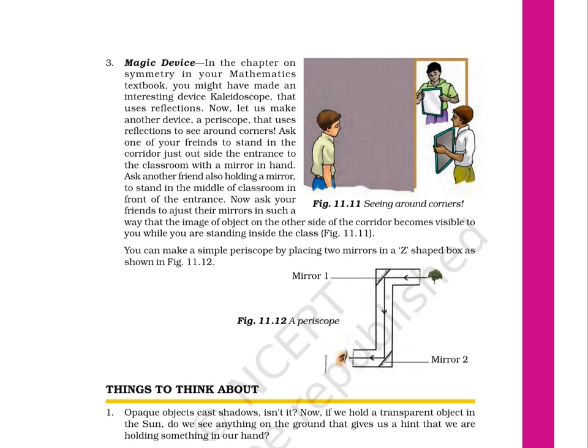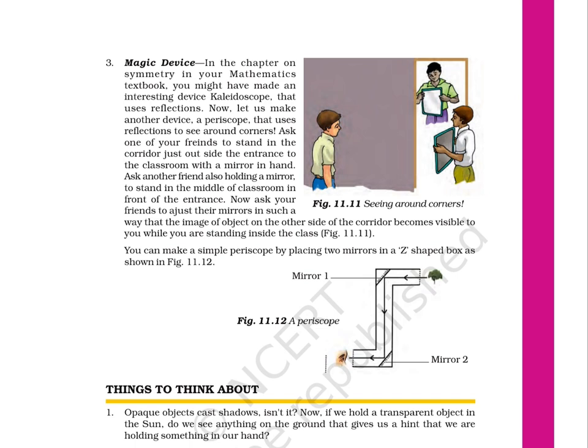Ask another friend also holding a mirror to stand in the middle of the classroom in front of the entrance. Now, ask your friends to adjust their mirrors in such a way that the image of an object on the other side of the corridor becomes visible to you while you are standing inside the class, as shown in figure 11.11. You can make a simple periscope by placing 2 mirrors in a Z-shaped box as shown in figure 11.12.